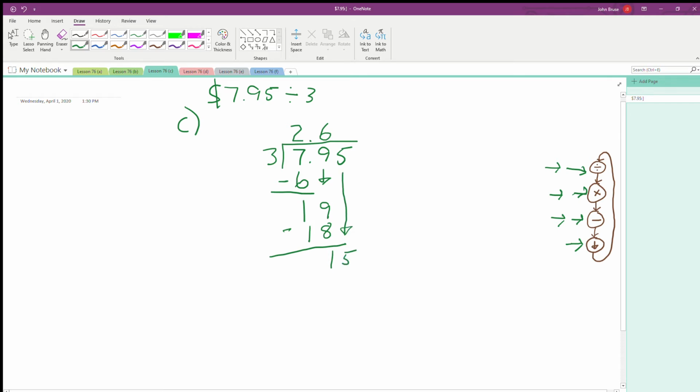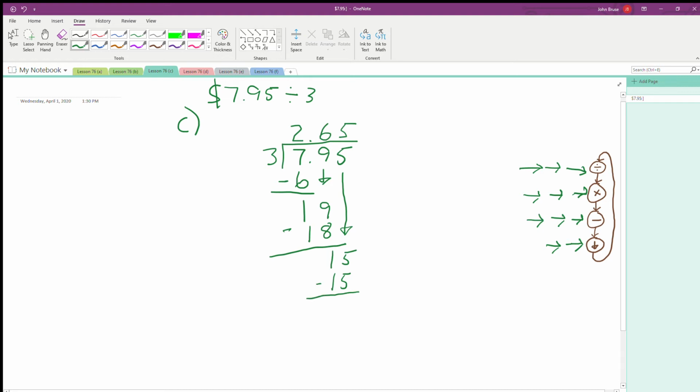All right, and 3 goes into 15. So we're going back up to the division. 3 goes into 15 5 times. 5 times 3 is 15. So yes, 5. Then we're going to multiply. 5 times 3 is 15. Then we're going to subtract.